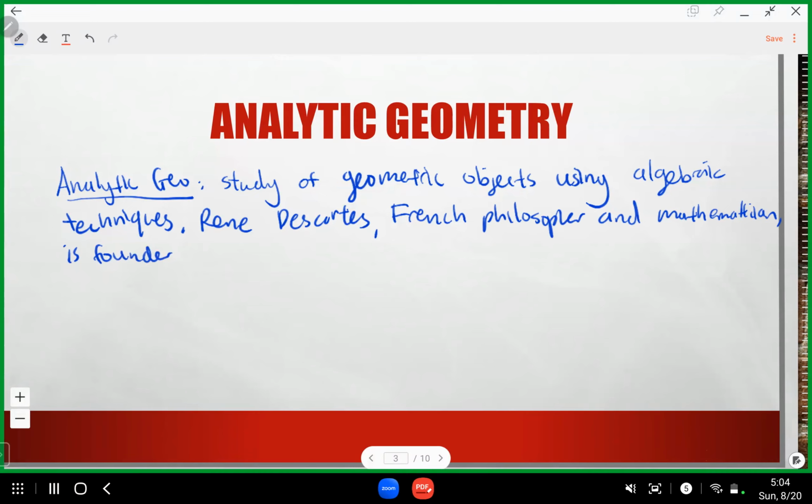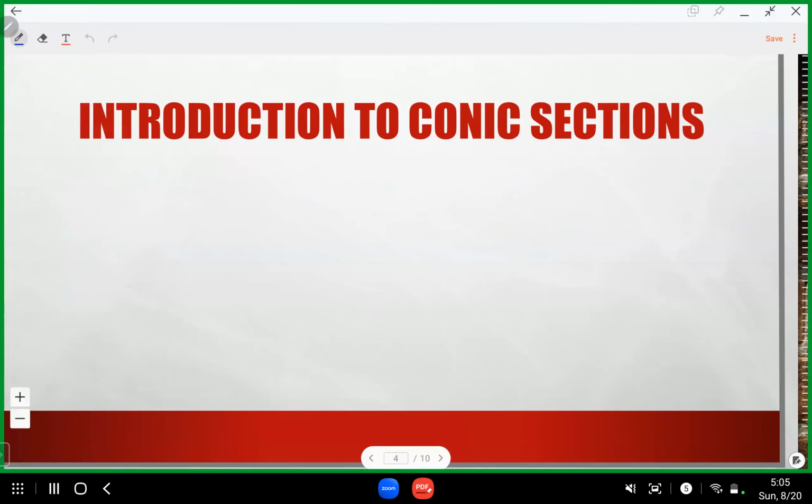So you might be asking yourself, what exactly is a conic section? So let's go over what a conic section is. A conic section is basically any figure that can be obtained by slicing a double cone.